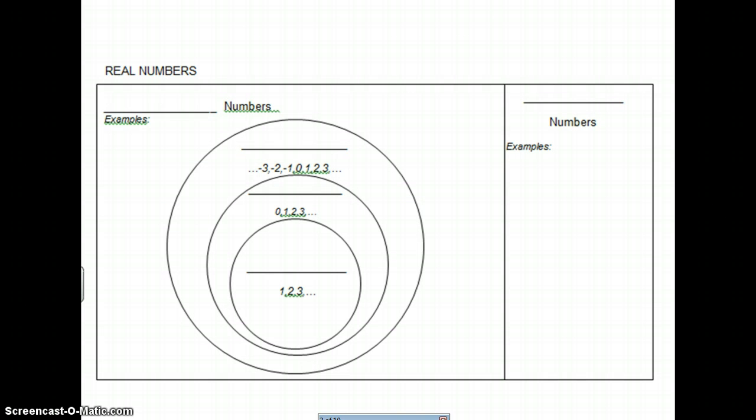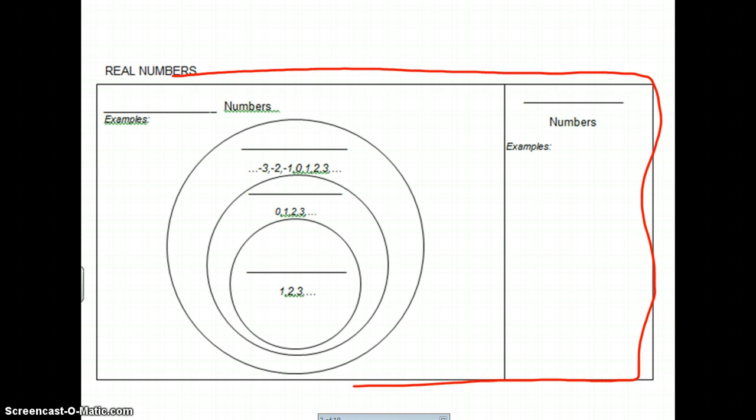So taking a look again at the set of real numbers, that's all we're thinking about today. It's this large set that's composed of two groups. On one side we have rational numbers, and within that set there are several smaller sets that fit within rational numbers.